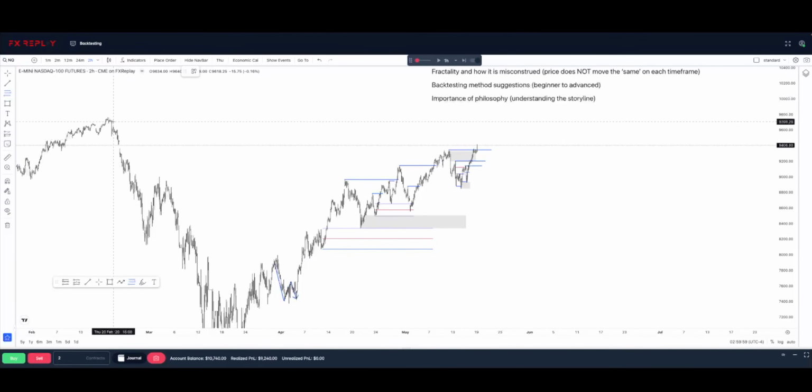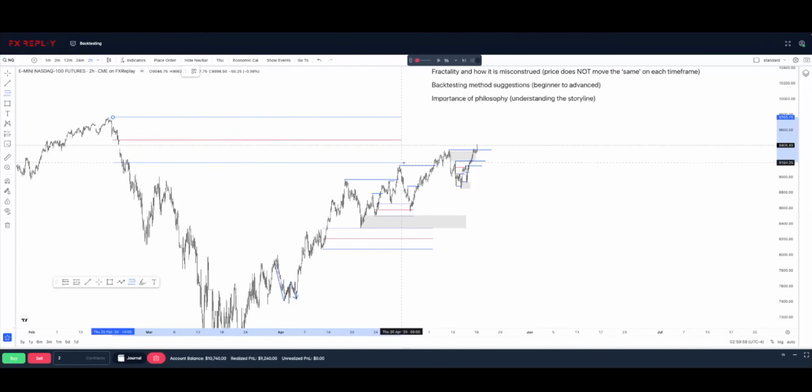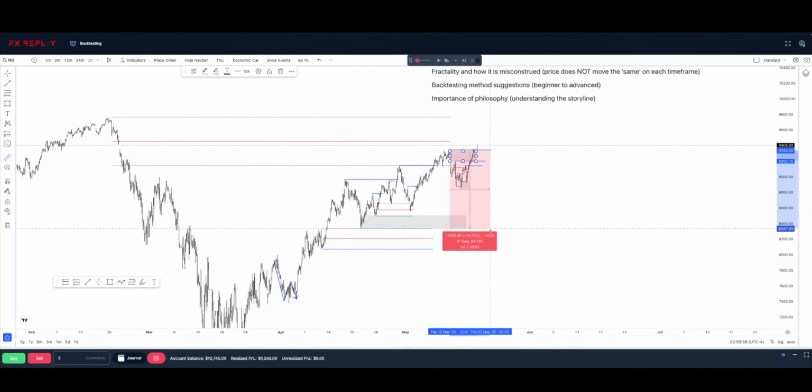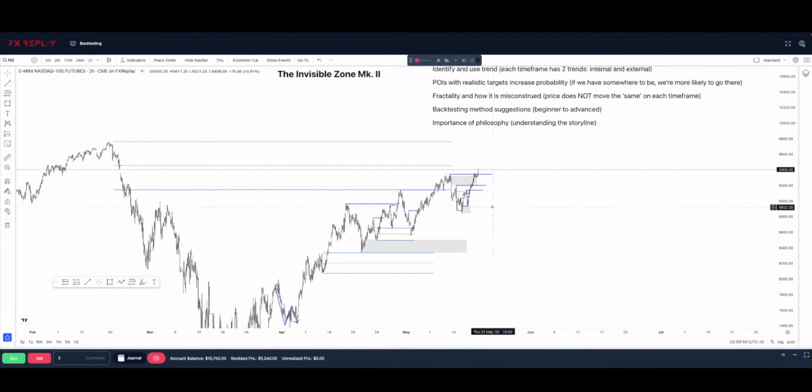Because if I'm just marking this top out here, and let's say I'm marking this latest high that did not send price to change trend to the downside right here, I have not gotten close enough yet to my invisible zone to even start to consider that we're looking to go bearish long term on the external on 2 hour. Right? So we've got somewhere to be.